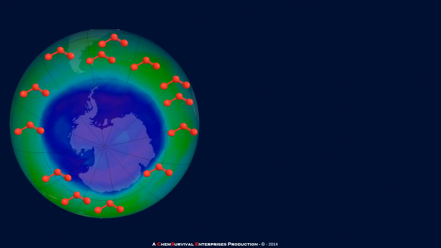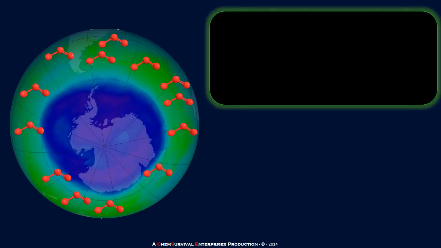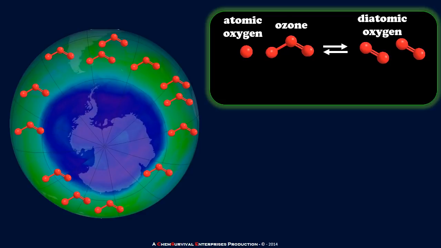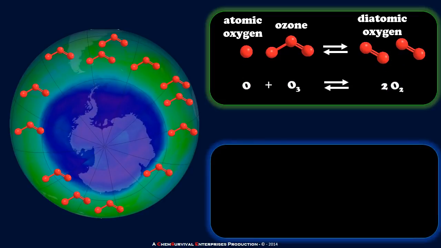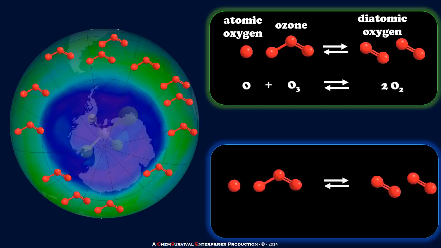Now, the problem that comes with the use of chlorofluorocarbons is that as they reach the upper atmosphere, they change that equilibrium in a way that doesn't suit us very well. So, the normal healthy equilibrium involves atomic oxygen and ozone in equilibrium with diatomic oxygen in a reaction with this kind of stoichiometry. O plus O3 goes to 2O2 and back again. But what happens in the upper atmosphere? When we allow something like, in this case, Freon 12 here to reach this ozone hole, which I've shown here in this NASA photograph, showing it over the South Pole.